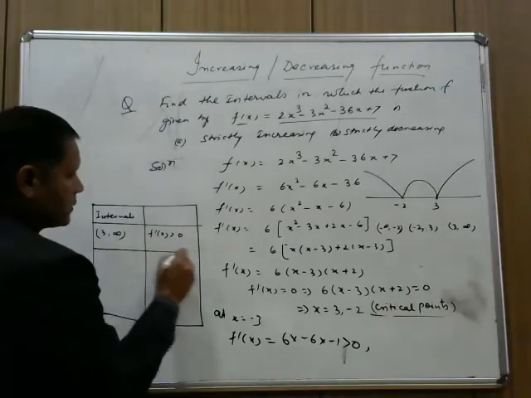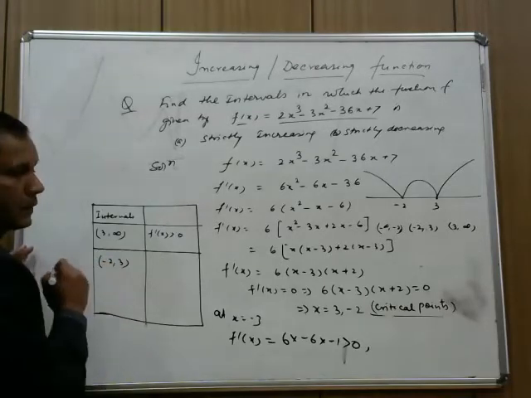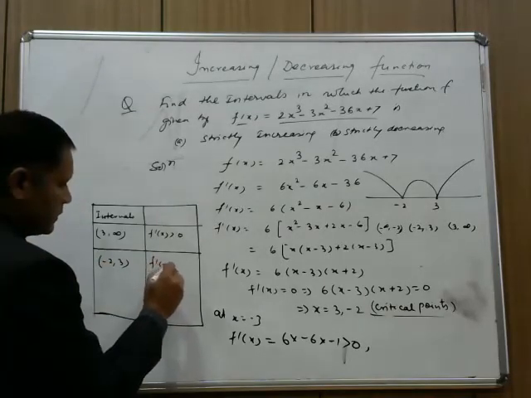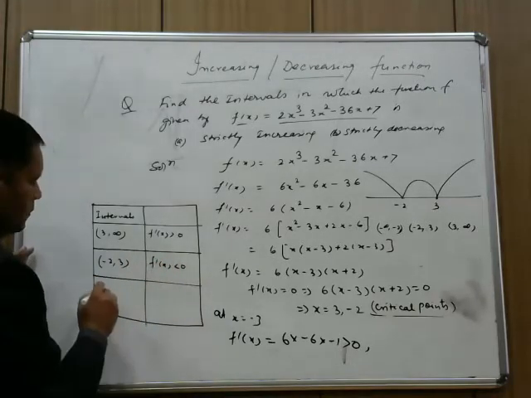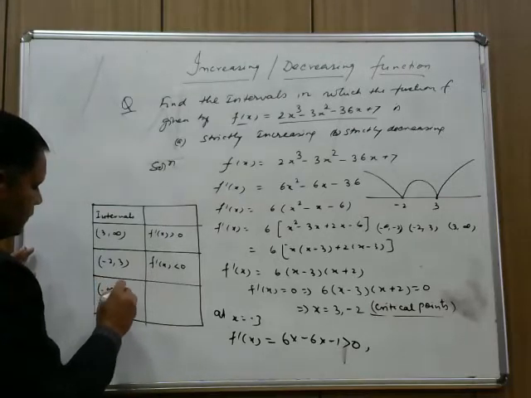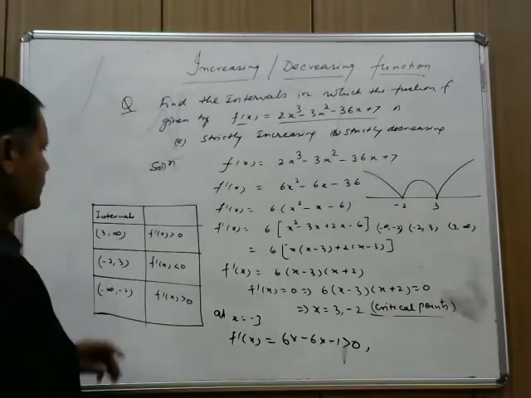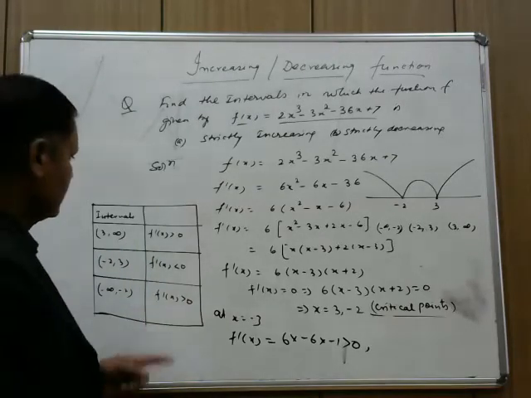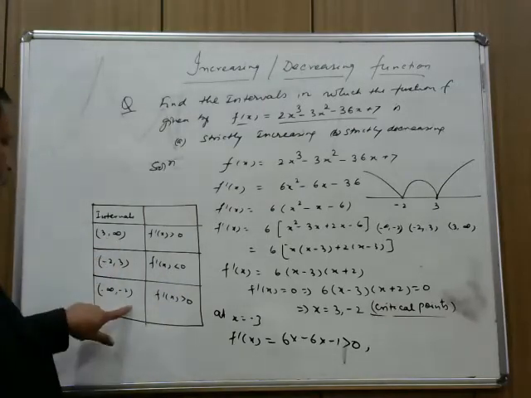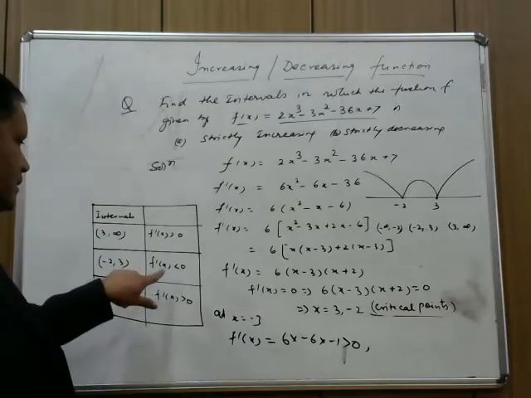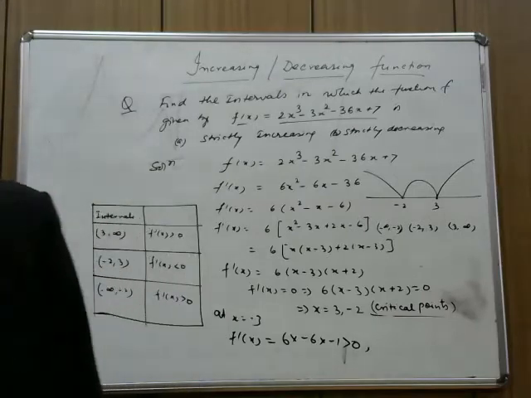The second interval was minus 2 to 3, right? f dash of x was less than 0. And the third interval, minus 2 to minus infinity, f dash of x was greater than 0. And from this, it is clear that the given function is increasing in the intervals 3 to infinity and minus 2 to minus infinity, and it is decreasing in the interval minus 2 to 3. We can have this table.